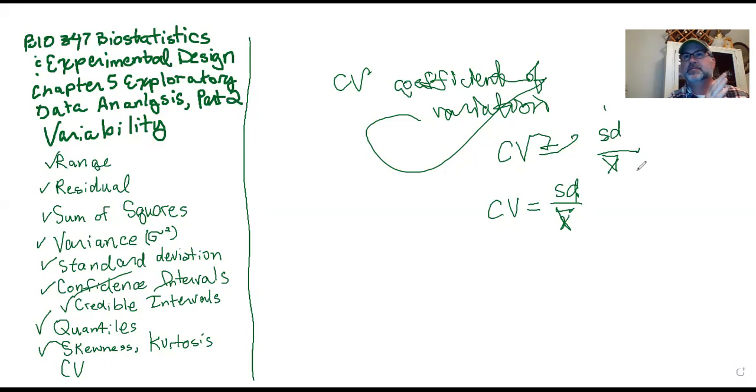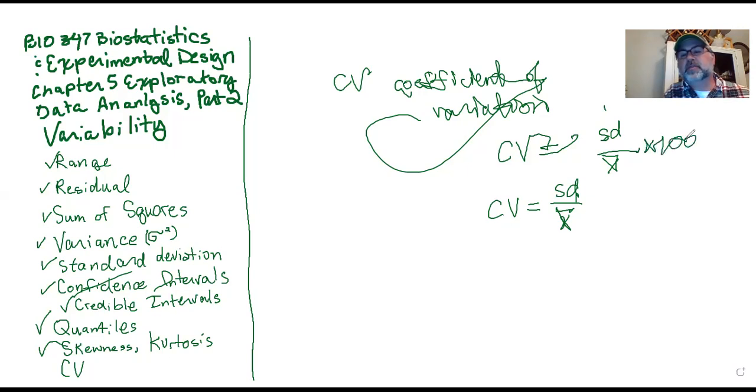What I mean by that is if I said a standard deviation is 27, if you're measuring something in the thousands, 27 is not very large. But if you're measuring something within the range of 50 to 100, then 27 is very large. And the way to correct for that, to make it relevant, is by dividing by the mean.